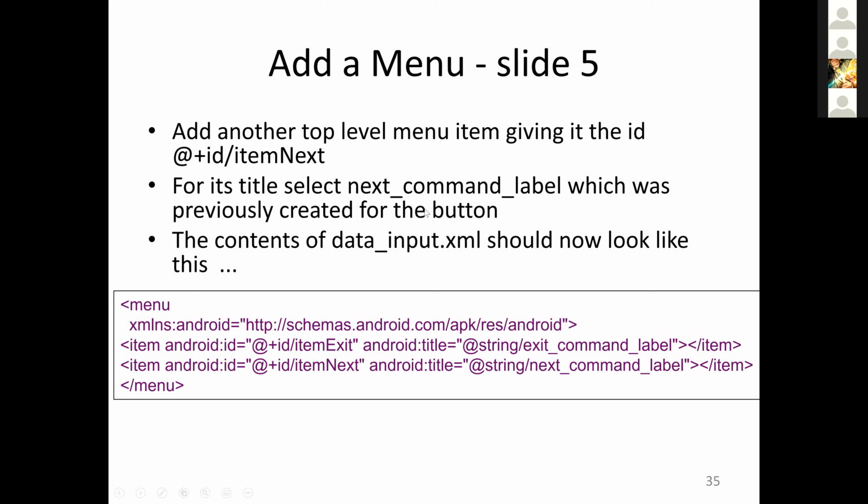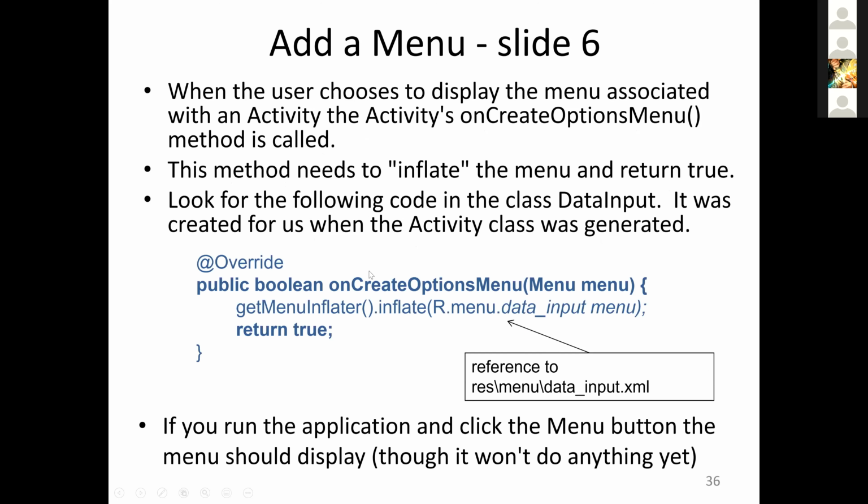We have also inflated our app, so it was able to show the menu items, but those menu items were not responding to user input because we had not programmed them. So it won't do anything.